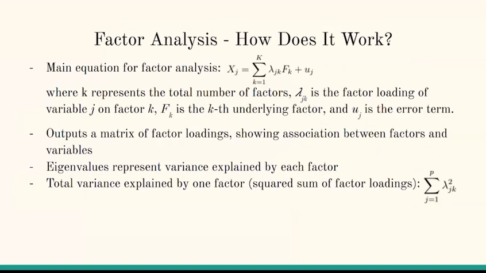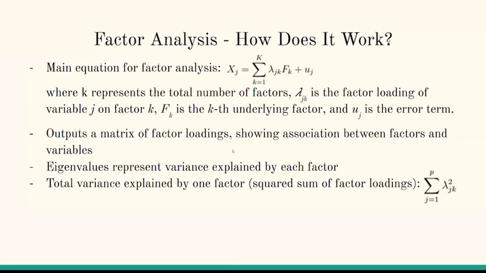So how does it work? The main equation is here, and you have this term, which is the loading of variable j on factor k. Then you also have the factor for however many k factors that you choose, and an error term, and that gives you the full model. What you get from here is a matrix of factor loadings that will show associations between the factors and their variables.